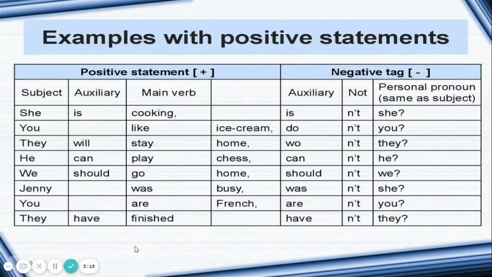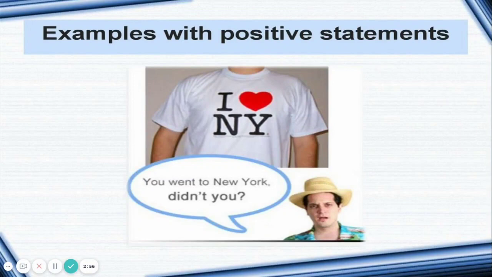So, if the positive statement consists of subject, auxiliary, and main verb, when you change it into a negative tag, you will write auxiliary plus not plus personal pronoun, same as the subject. Then, for example, you went to New York. Went changes into didn't you?